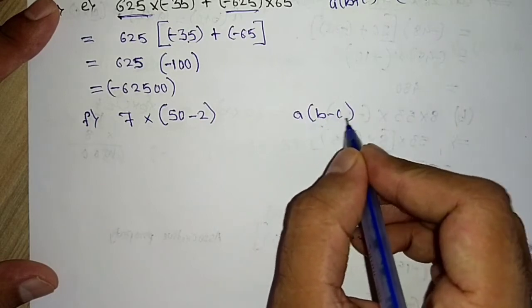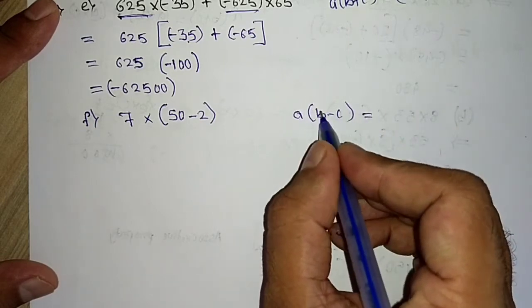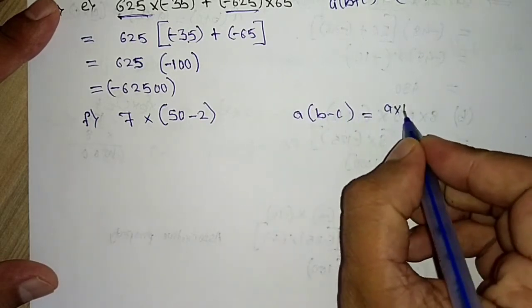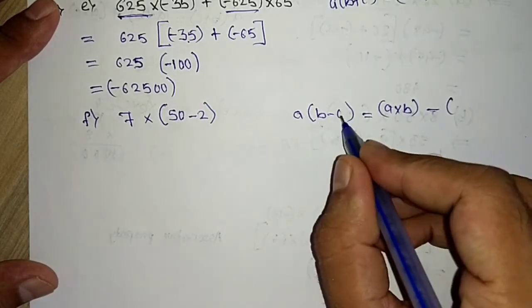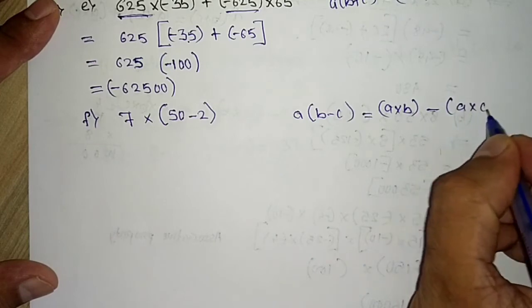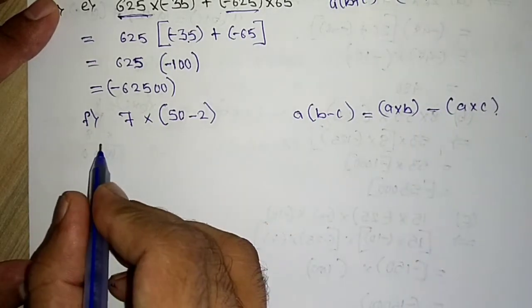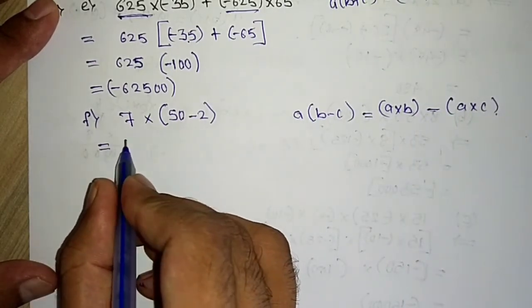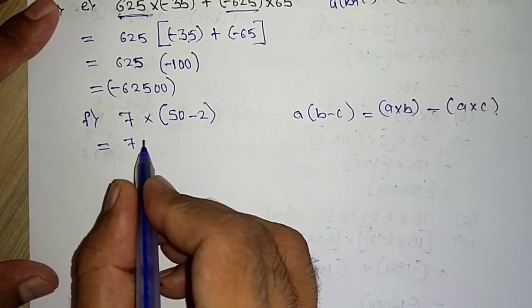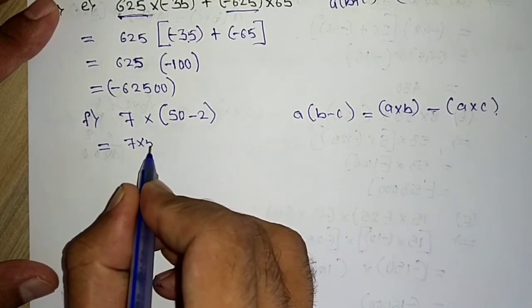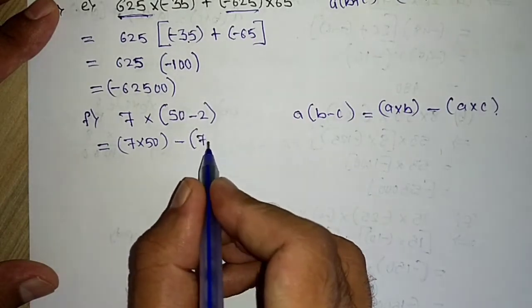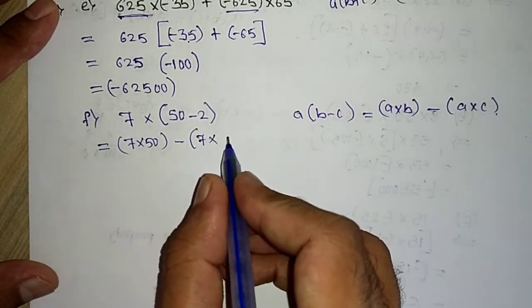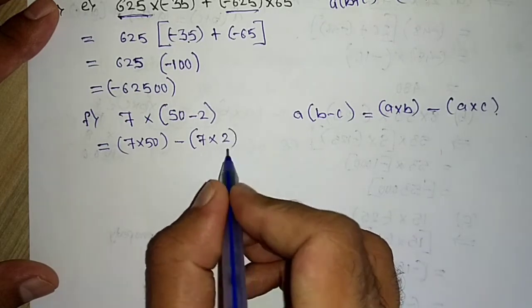A into bracket B minus C, what we do, we multiply A into B and then minus A into C. So we will apply the same rule here: 7, that is A, multiplied by B, B is 50, then minus again 7 multiplied by 2.